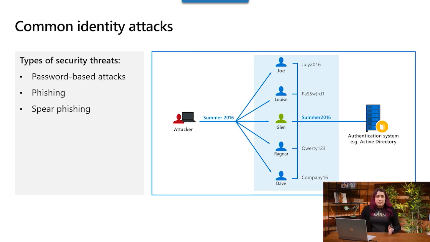And phishing is going to be another common type of identity attack. While this is phishing with a PH, it works somewhat similar to the way that we think of fishing. An attacker is actually going to dangle bait in front of your users, who in this case are the target or fish. And this bait can be an email that maybe looks like it comes from your CEO or your boss asking for some information.